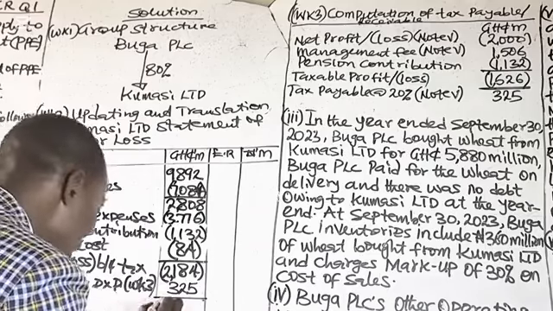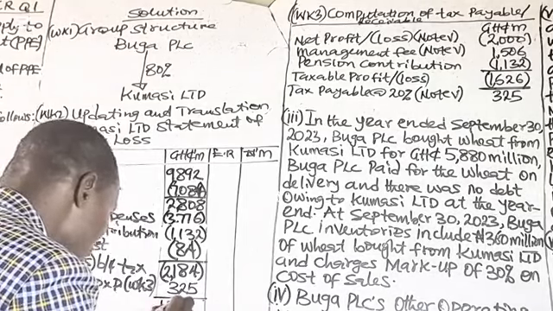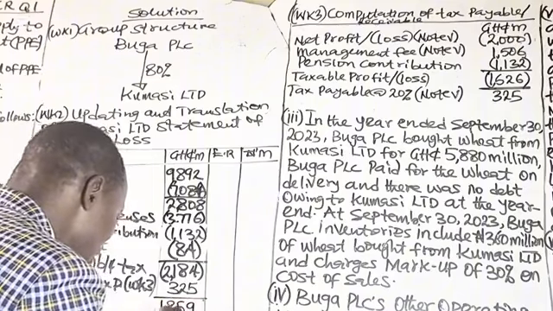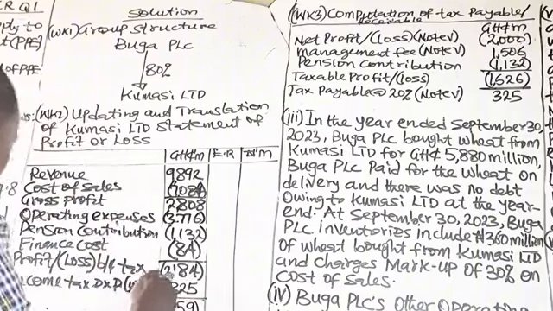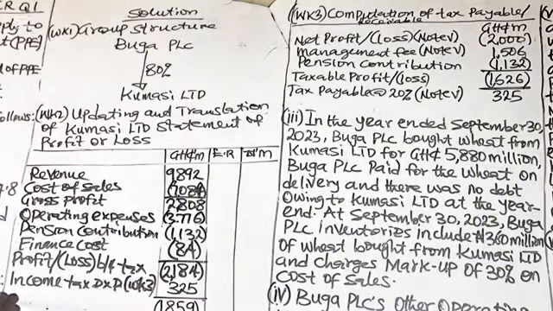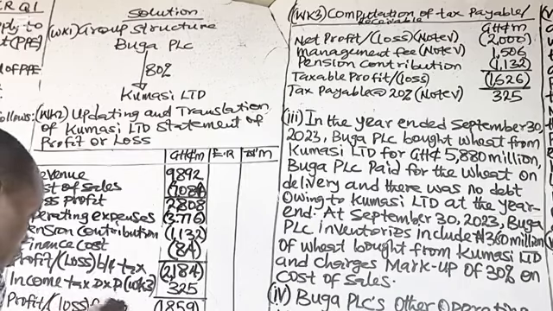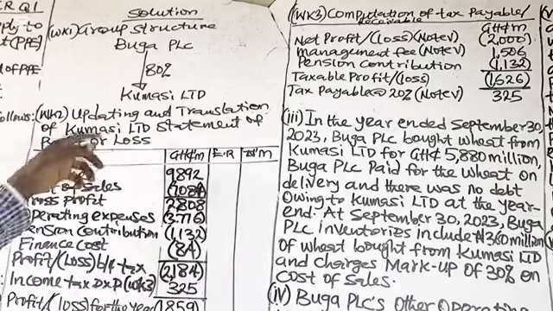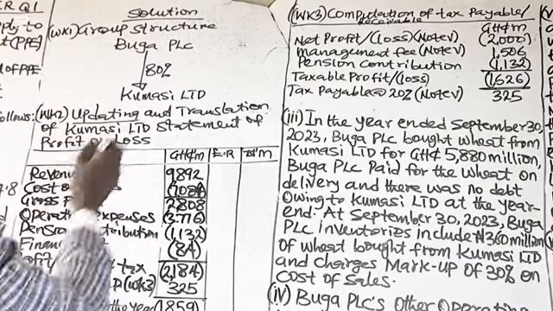Then we have 1859. We have claimed the tax relief on the loss. So we have profit or loss for the year. Remember, the process we have just undergone is the updating process. We are still on updating.